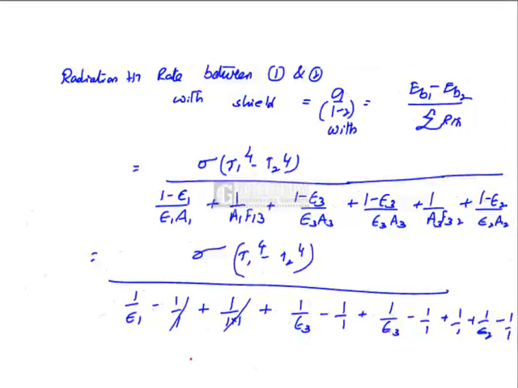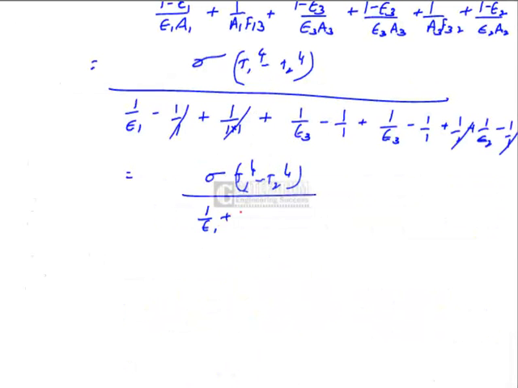So this results in sigma T1 to the power of 4 minus T2 to the power of 4 divided by 1 by epsilon 1 plus, I'm sorry, 2 by epsilon 3 plus 1 by epsilon 2, minus 1 becomes minus 2.